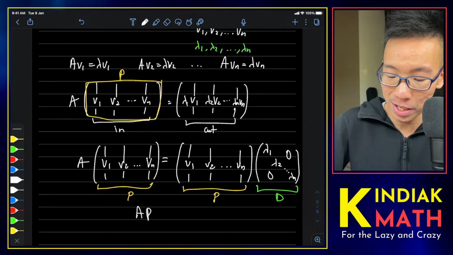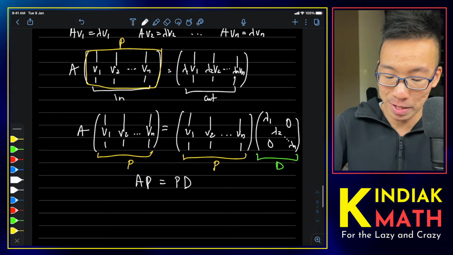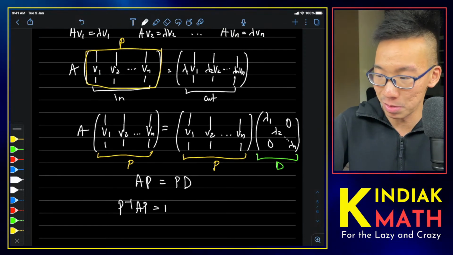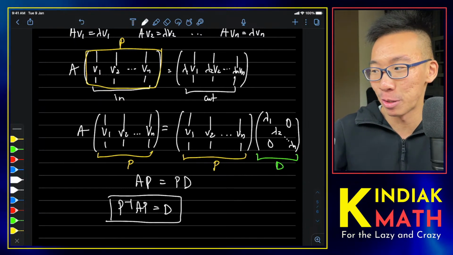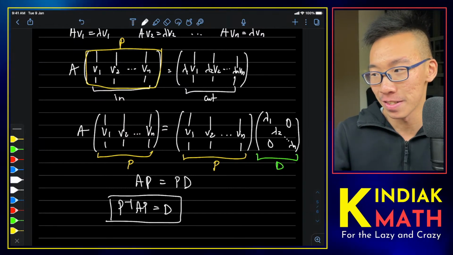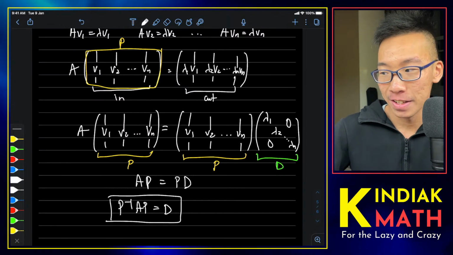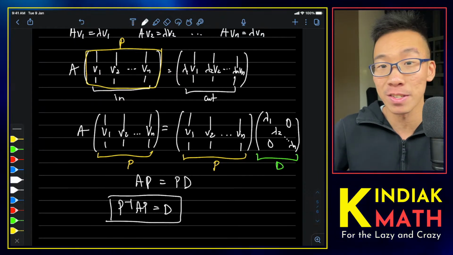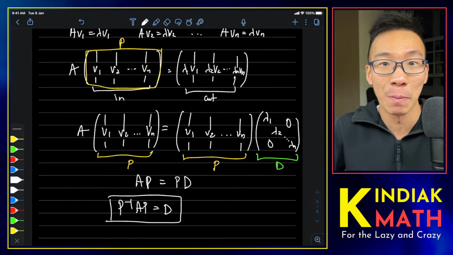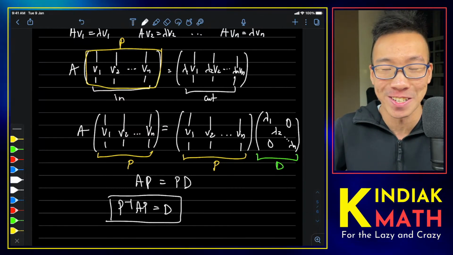You get AP equals PD, which simply means that P inverse AP equals D. So that's the connection between the eigenvectors definition and the fact that you can find the P and D matrices associated with a diagonalizable matrix A.